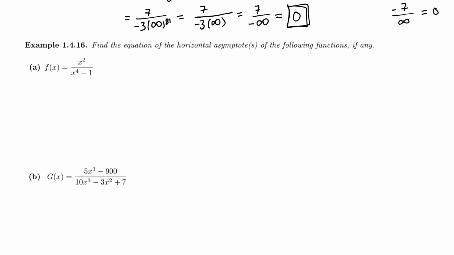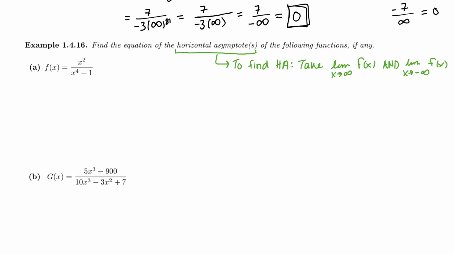So then, going back to this idea of horizontal asymptotes. To find the horizontal asymptotes, you're going to take the limit in both the positive infinity direction and the negative infinity direction. So you take the limit as x approaches positive infinity of the function and the limit as x approaches negative infinity of the function.